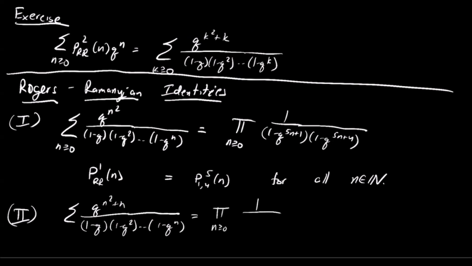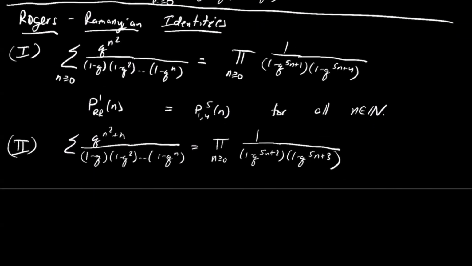It's going to be the other product that we saw just a few minutes ago: 1 minus q to the 5n plus 2, 1 minus q to the 5n plus 3. So this is the second Rogers-Ramanujan identity. And to put this a little more concisely, this is essentially the same as saying PRR2 of n is equal to P235 of n, using our non-standard notation from earlier.